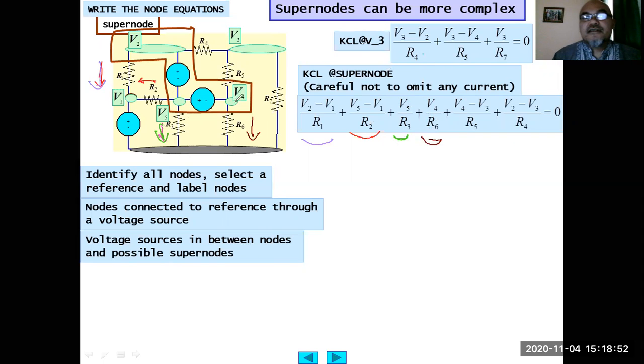Then we have further this current from the supernode towards V3, (V4 minus V3) divided by R5. Then finally, the last one is (V2 minus V3) divided by R4. All the sum should be equal to 0.